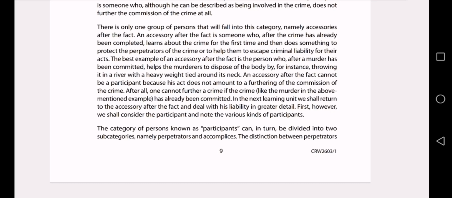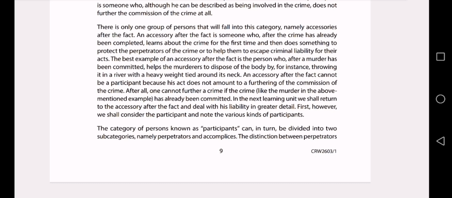An accessory after the fact cannot be a participant because his act does not amount to a furthering of the commission of the crime. After all, one cannot further a crime if the crime, like murder in the above-mentioned example, has already been committed.